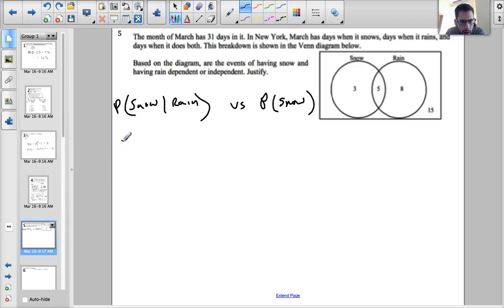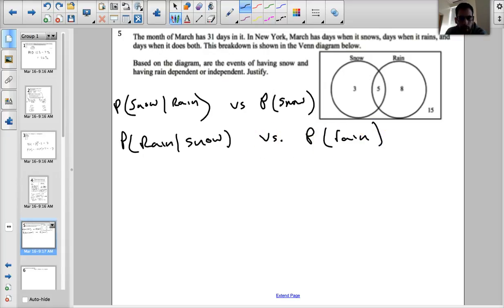And then I'm going to find the probability of rain given snow and compare that to the probability of rain. So first let's figure out the probability of rain and the probability of snow.